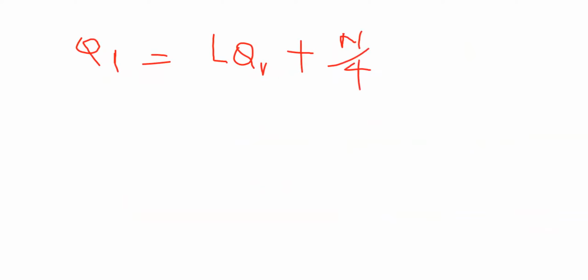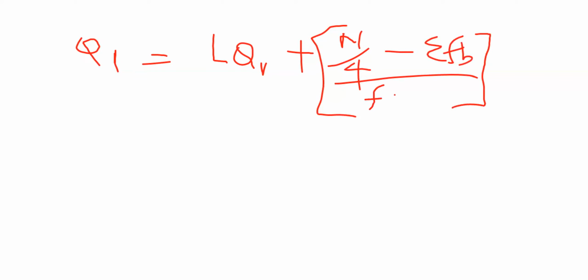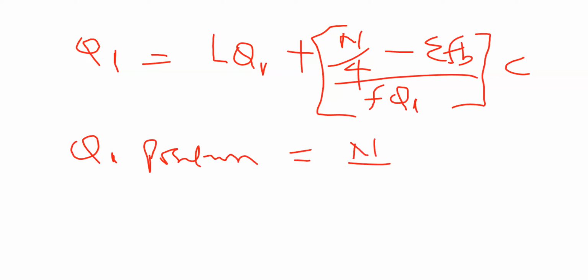Okay. So Q1 will be LQ1 plus N over 4 into the same thing, summation of FB, the same approach, all over FQ1, then C. All we need to do here is to find the Q1 position, and to find this position will be N over 4.